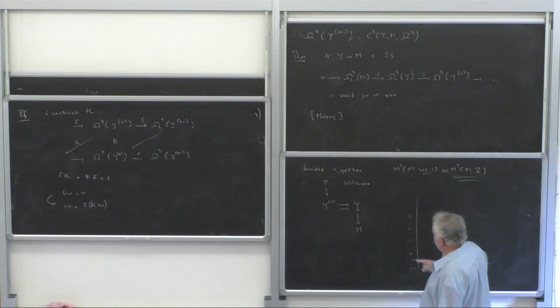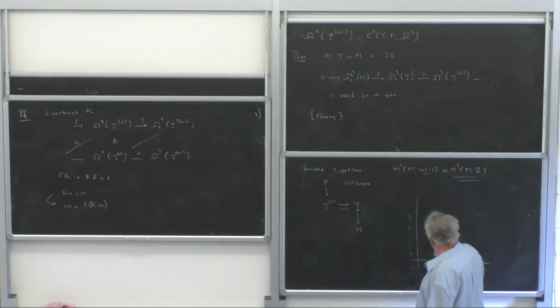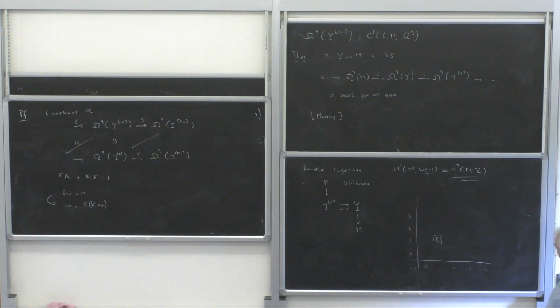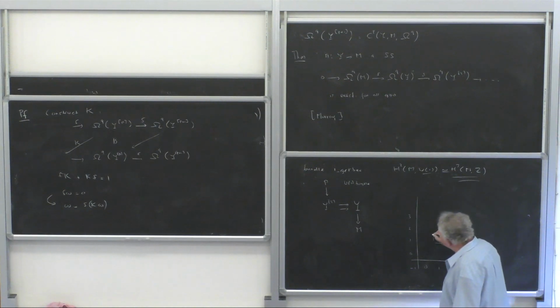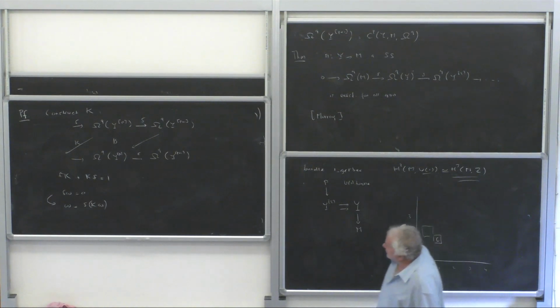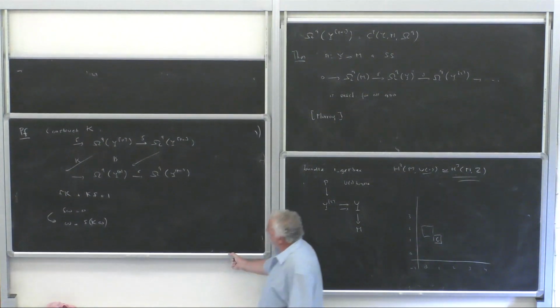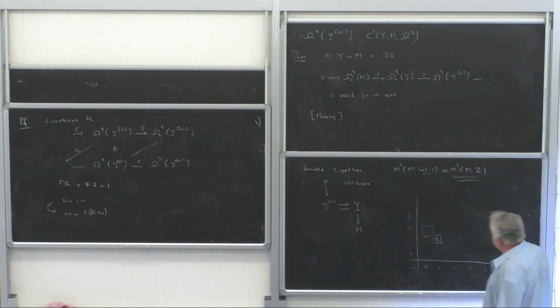So that's a 1-cochain here, call it C. And it's given by a similar condition on how it behaves on triple overlaps now.